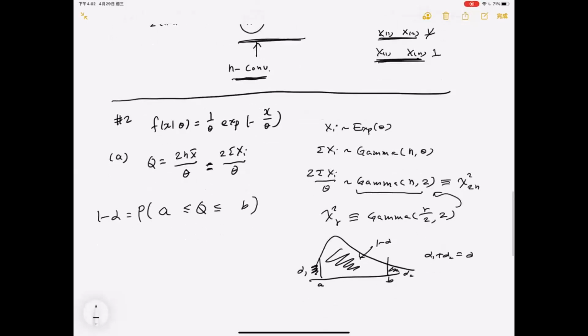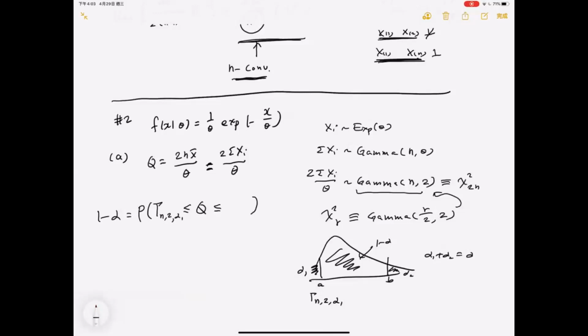The reason we like the pivotal quantity is that it's easy to write A and B. There are two equivalent ways to write A and B. For example, people might say, I'm going to use gamma's quantile: n, 2, alpha 1 is gamma's quantile.